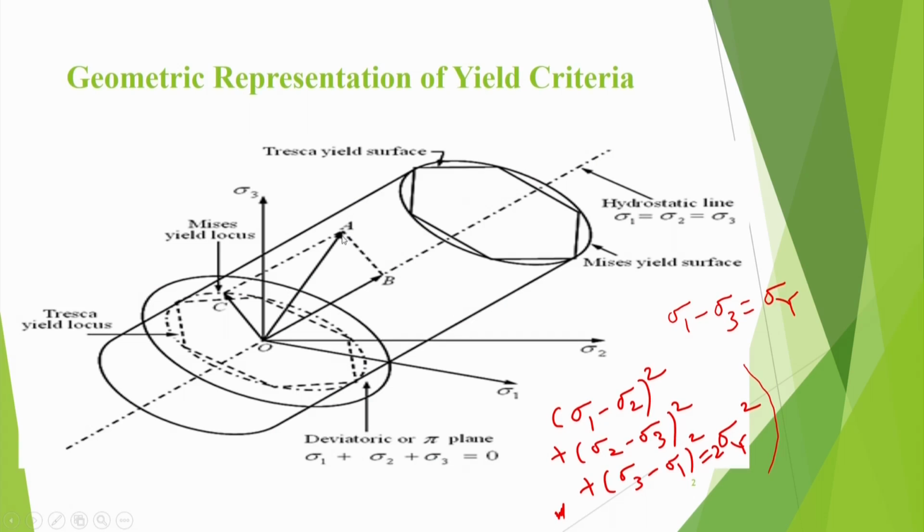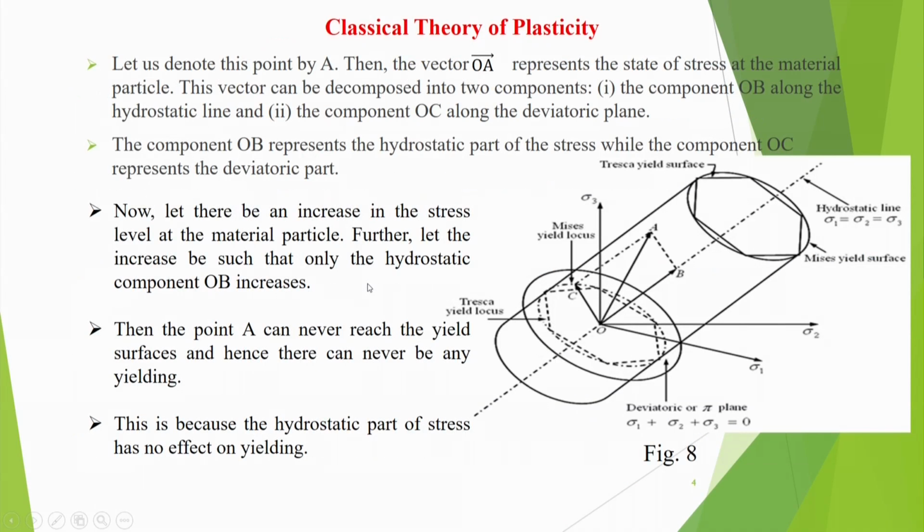Let the stress level at the material particle be such that its behavior is still elastic. Then the point will be inside the yield surface. It has to be inside the yield surface, like suppose A, or suppose B, is inside the yield surface.